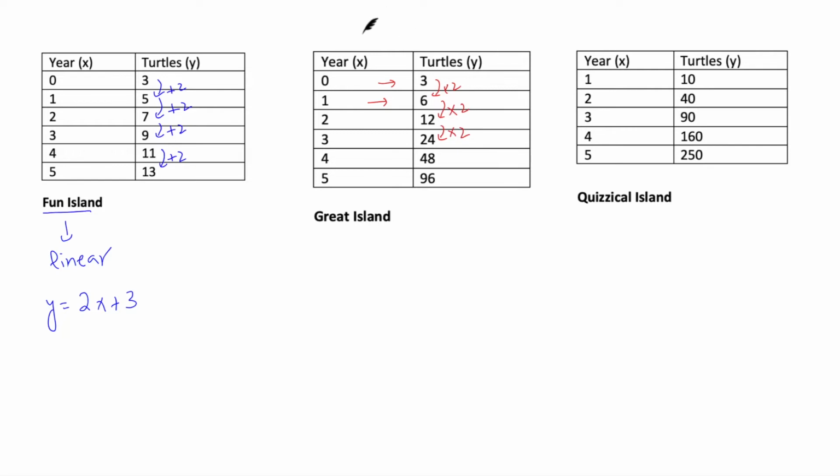So now we are multiplying turtles. So whenever you have a multiple, you know which equation you are looking at. Now this number is being multiplied by 2 to get the next year's number of turtles. So this is basically an exponential function. Whenever you have a multiple as a constant, you're looking at an exponential function.